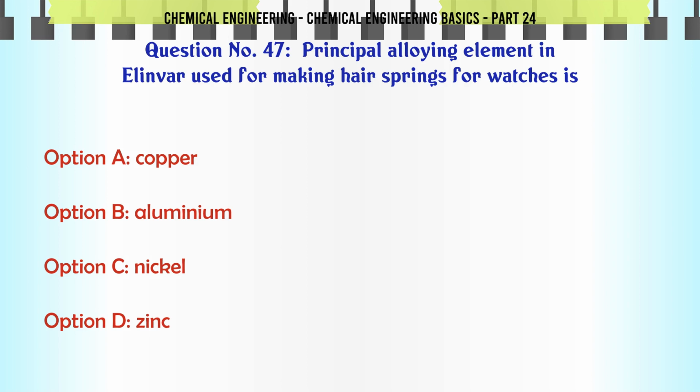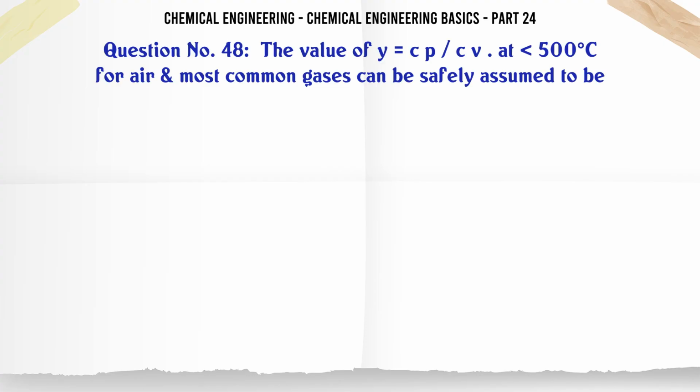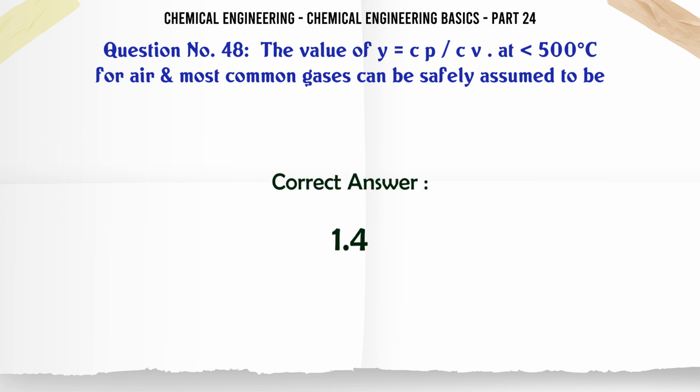D. zinc. The correct answer is nickel. The value of gamma, CP by CV, at 500 C for air and most common gases can be safely assumed to be A. 0.8, B. 1, C. 1.4, D. 1.8. The correct answer is 1.4.